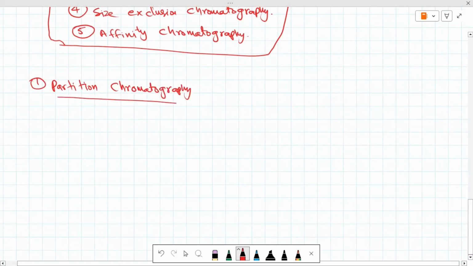It is a type of chromatography in which the stationary phase is liquid.